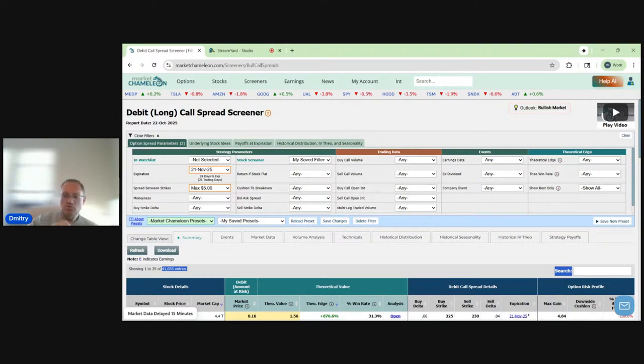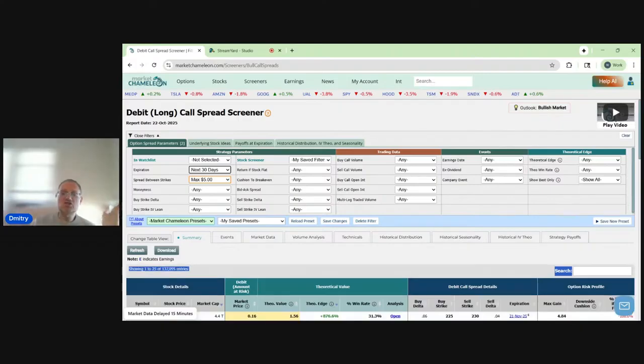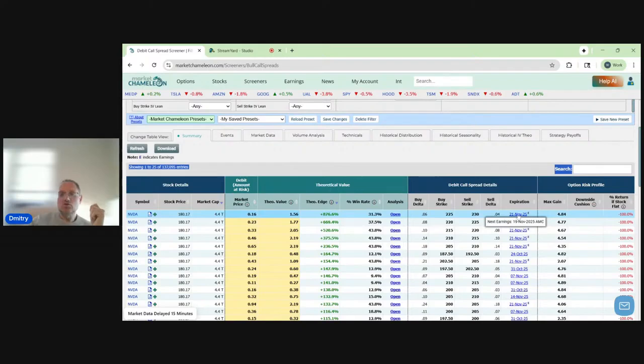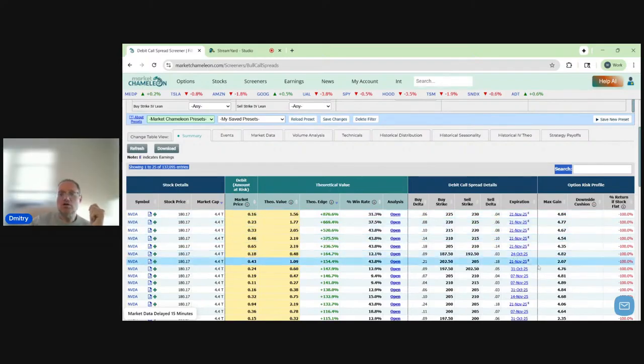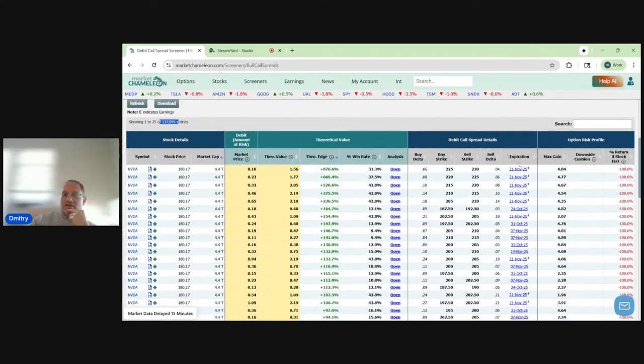When we click on that, it brings us different potential strike combinations, but also, you'll see here, we have the November 21st, but here's an October 21st as well, November 7th, October 31st. So now we have different expirations and different strikes, and now we have 137,000 candidates in here.